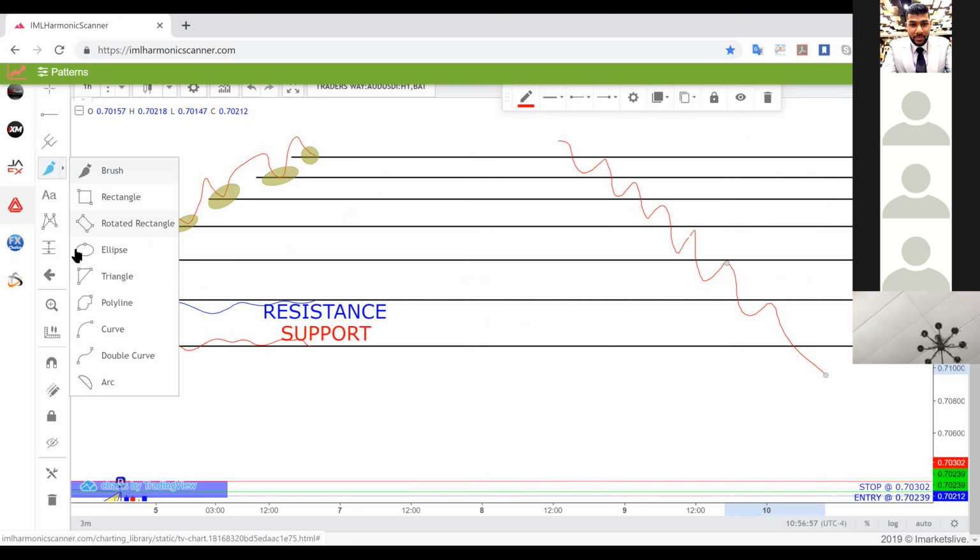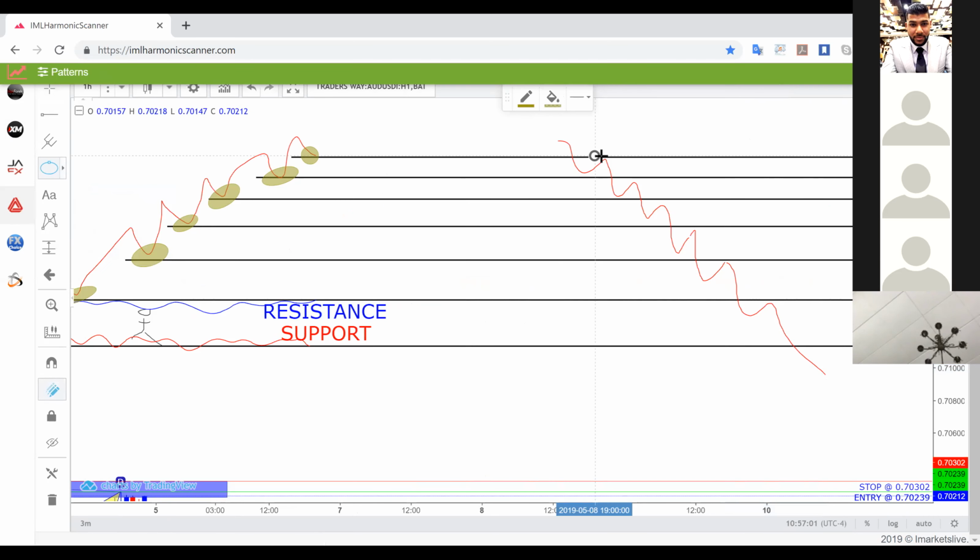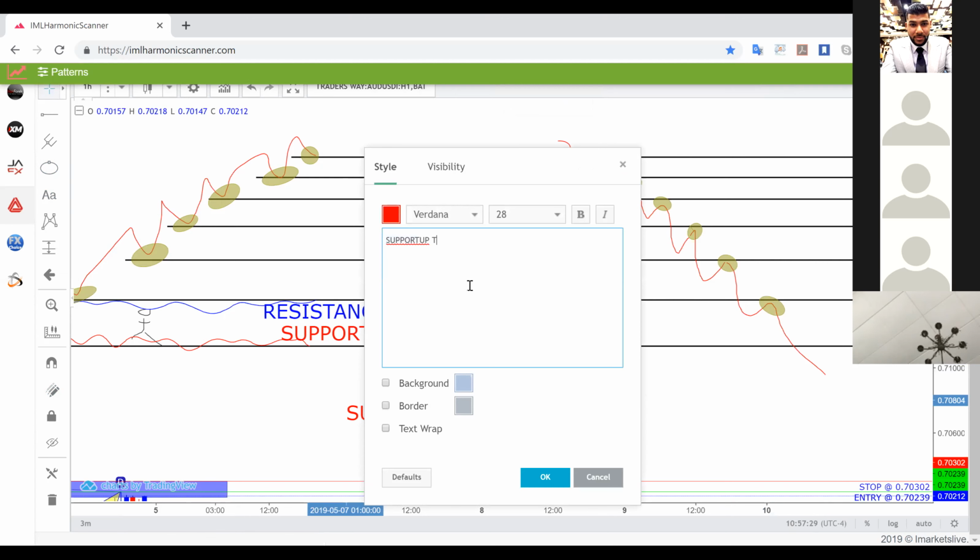So this is your retest, when your support zone becomes resistance in a downtrending market. Let me put that in there for you guys.